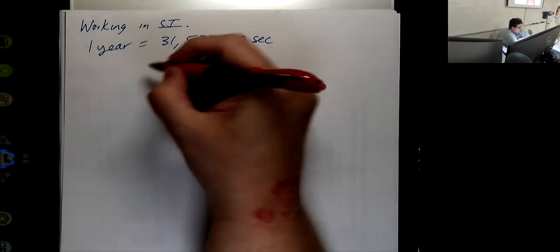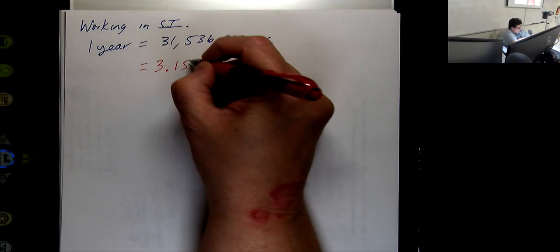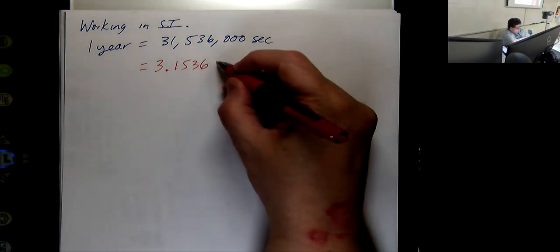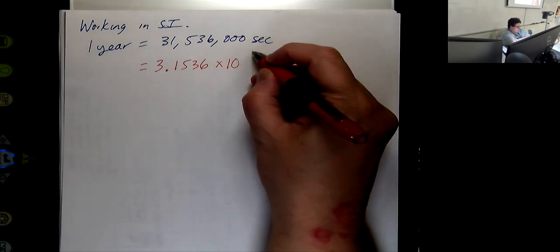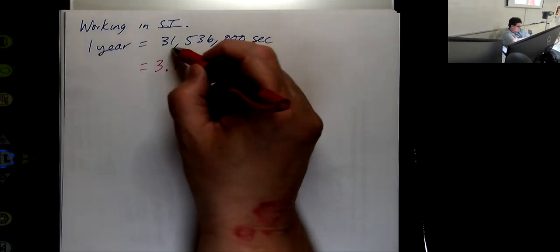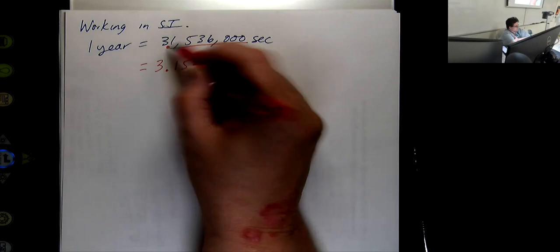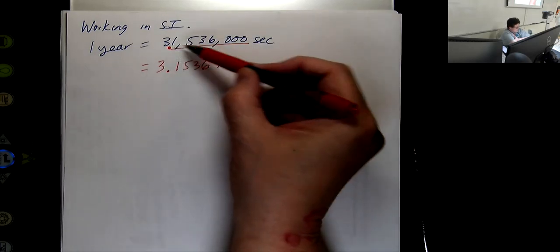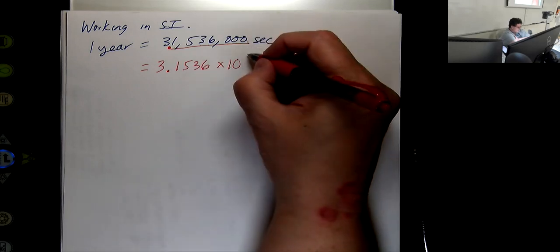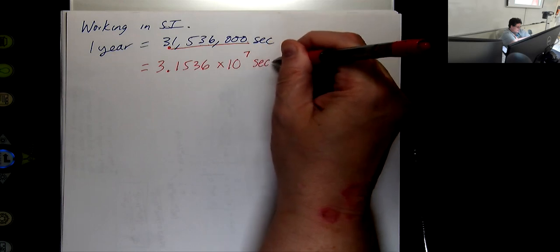They're going to say, I want to say 3.1536. And then they're going to make it multiplied by 10 to some power up here. And the way they figure out the power is they count the number of places that are after that where we put the decimal. There's 1, 2, 3, 4, 5, 6, 7. So they will say this is 3.1536 times 10 to the 7th seconds.